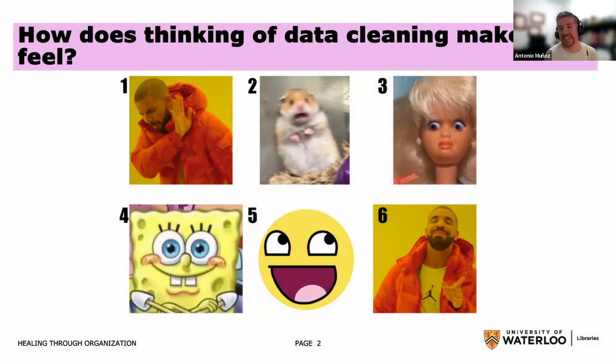Okay, so this is probably a good mix. Yeah, no, this is a good mix of answers. So I guess for me, the idea of cleaning data is usually somewhere around the 5, 6 when I'm going to start the project.